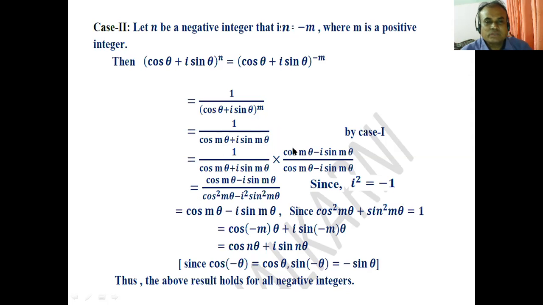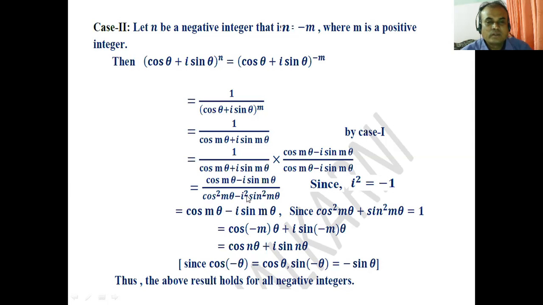This is equal to (cos m theta minus i sin m theta) divided by, here we have (a plus b)(a minus b), whose multiplication is a square minus b square. Here cos m theta is a and i sin m theta is b. So cos square m theta minus i square sin square m theta.